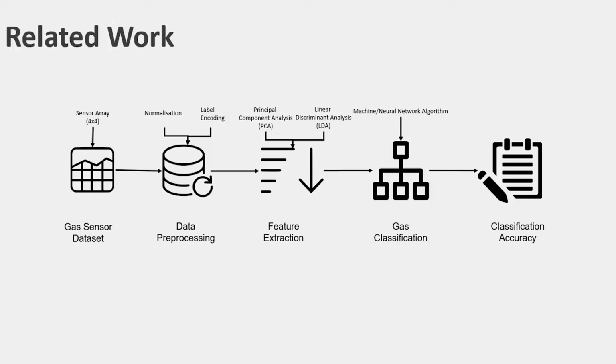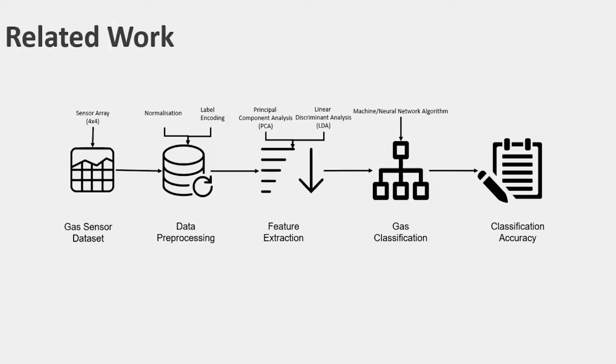And the next is feature extraction, which gets the most important features, and two analyses are mostly used in the literature. The first one is principal component analysis and the other is linear discriminant analysis. But of these two methods, the most used is principal component analysis, which is robust and very quick.